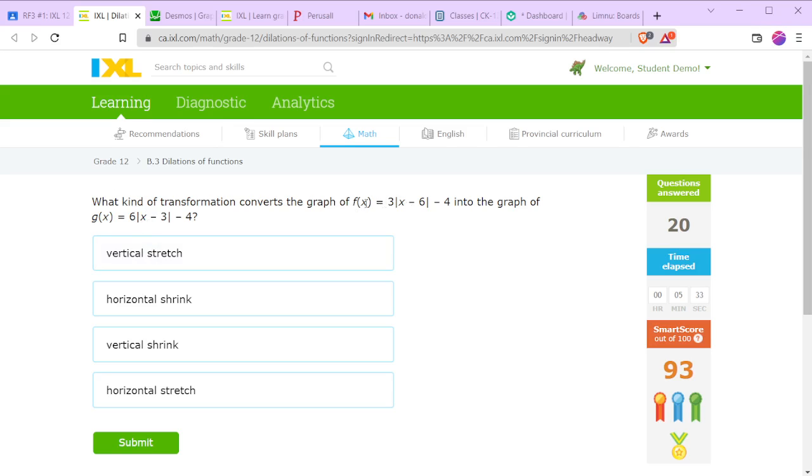We have to do a little bit of algebra to see that. But because these are positive numbers, we could multiply them through without affecting the absolute value. So this is the absolute value of 3x minus 18 minus 4, and g of x is the absolute value of 6x minus 18 minus 4. So that is the same as replacing x with 2x. That is a horizontal shrink.